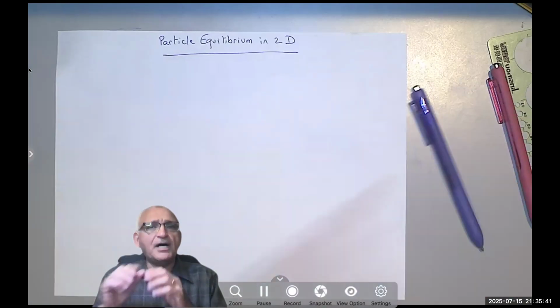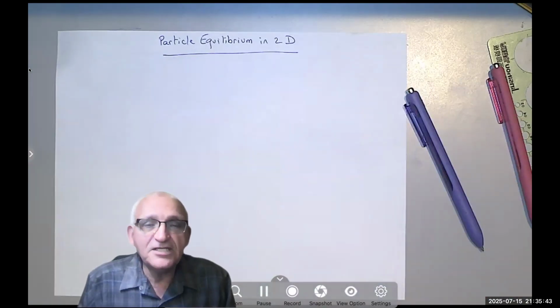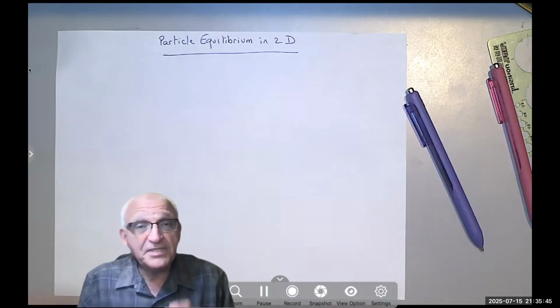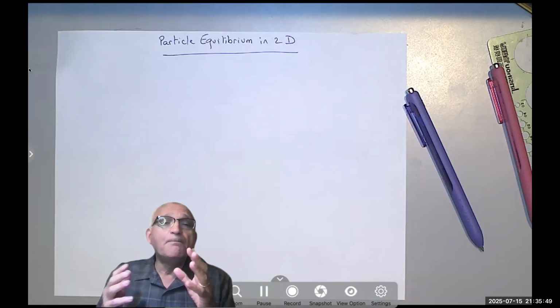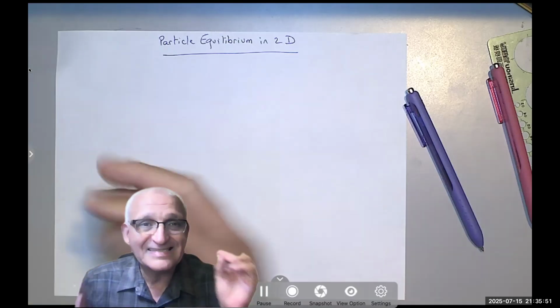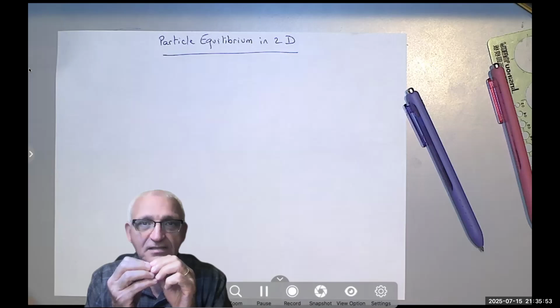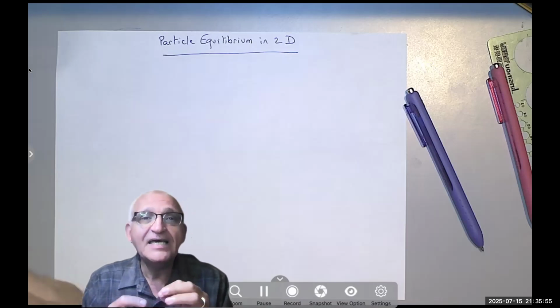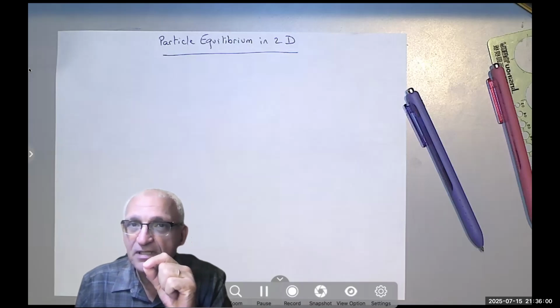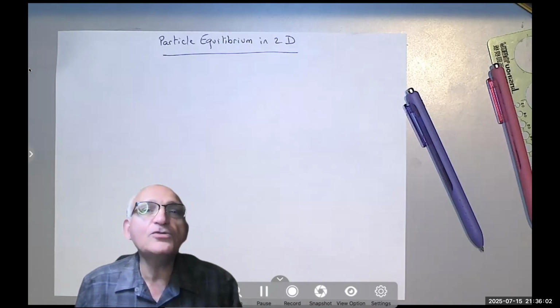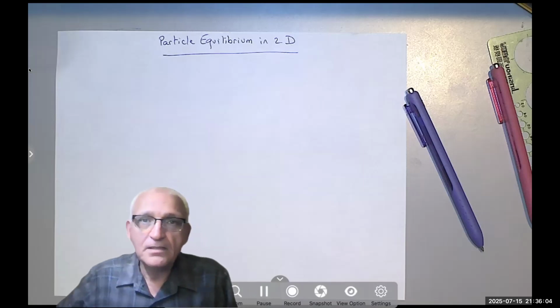So what do we mean by particle? Particle in engineering meaning it can be a point, it can be a body, it can be a structure, but if all the forces that act on that particle or on this body are concurrent, meaning they intersect at a point, think about it, they cannot produce rotation.